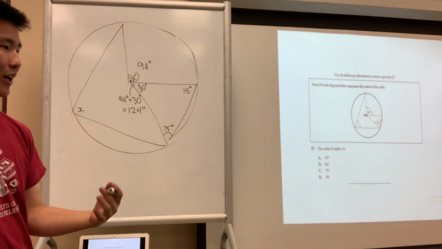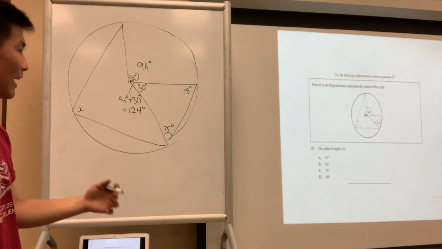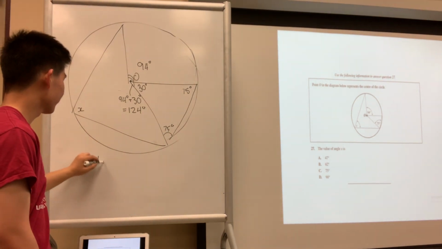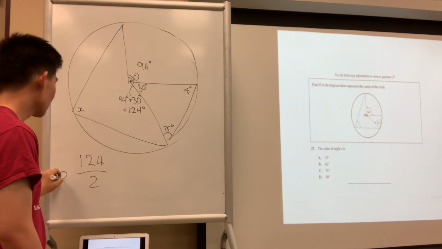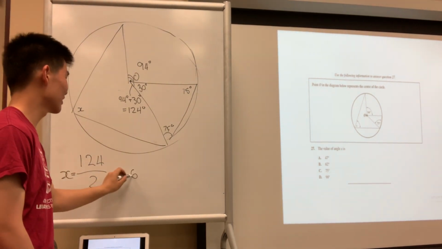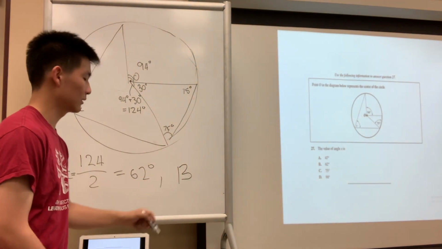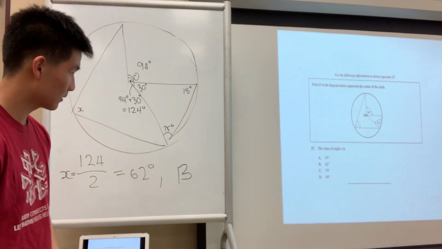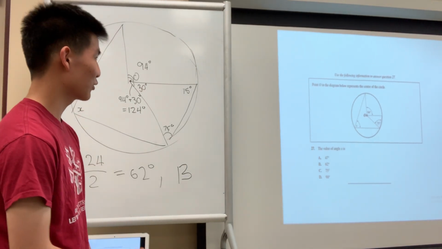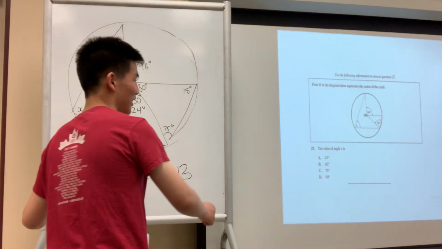And by central angle theorem, because they subtend the same arc, you know that X is half of 124 degrees, which is 62 degrees, which gives you an answer of B. Does that make sense? Again, if you don't know these angle properties, boo-hoo, I guess.